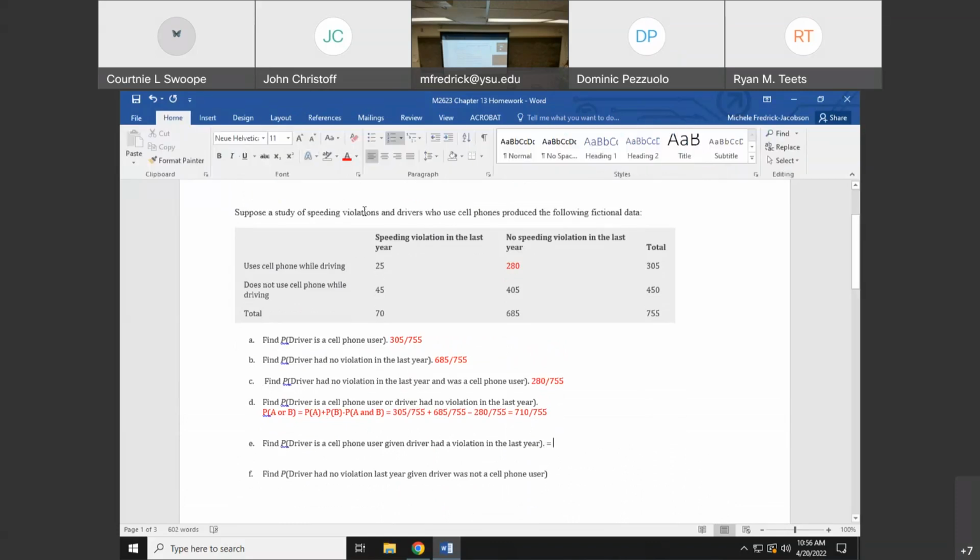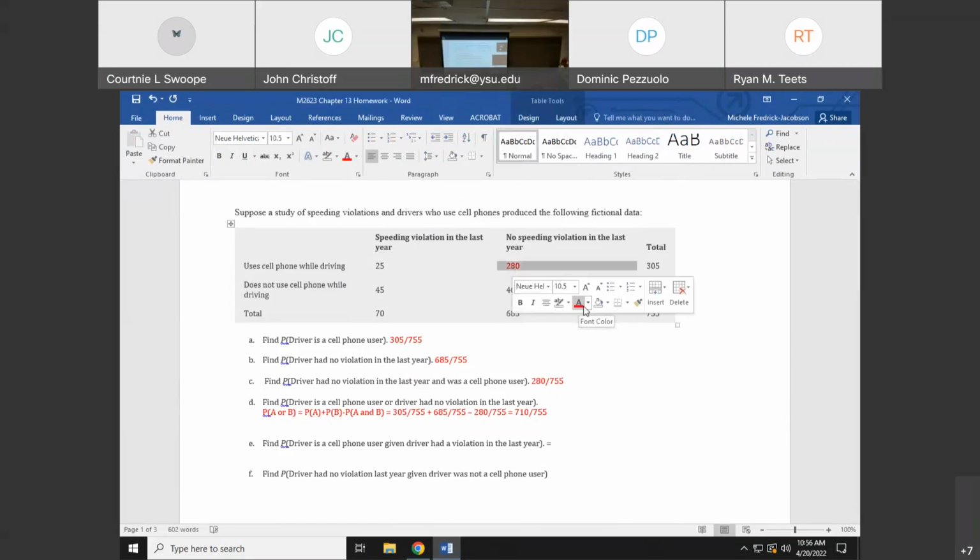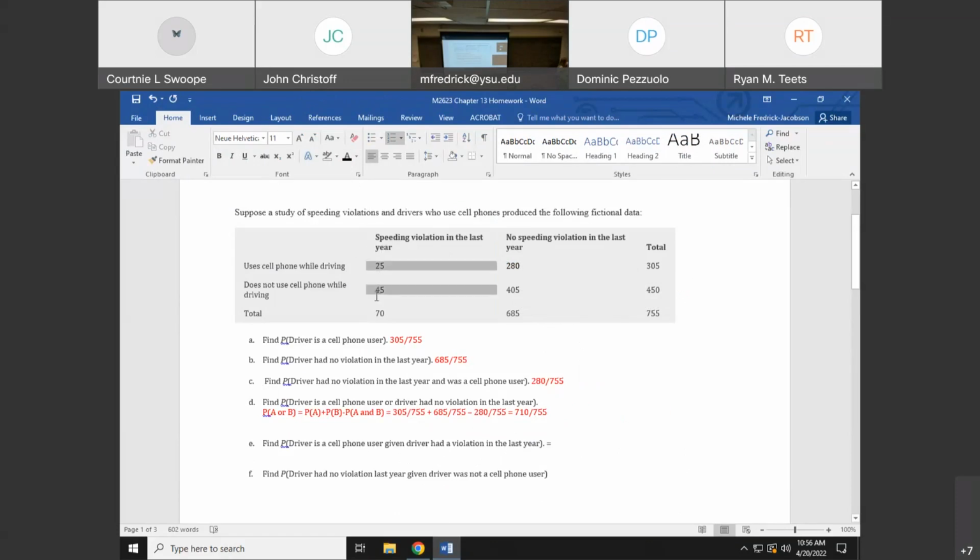Probability a driver is a cell phone user given the driver had a violation in the last year. So the given part, they had a violation. It's this one, so it's this column. A cell phone user.